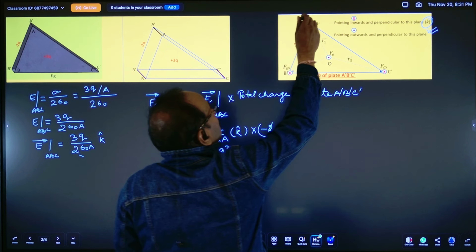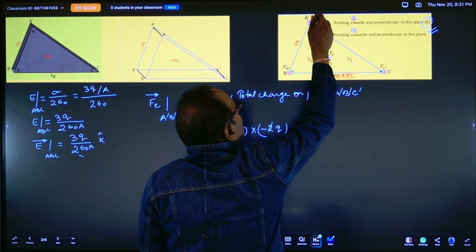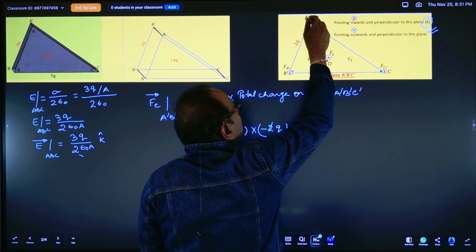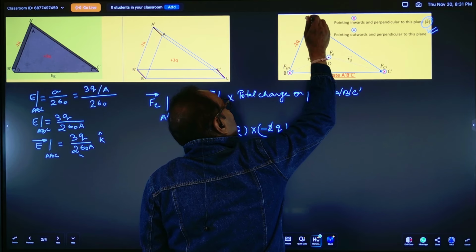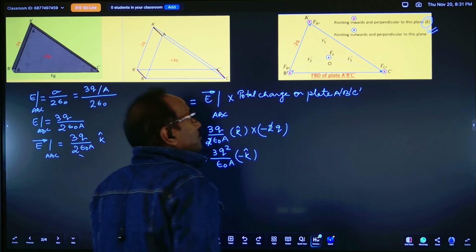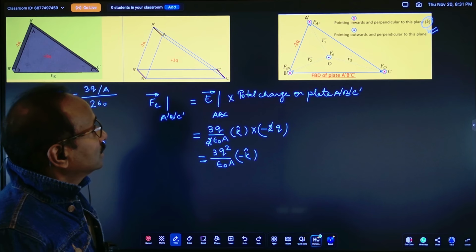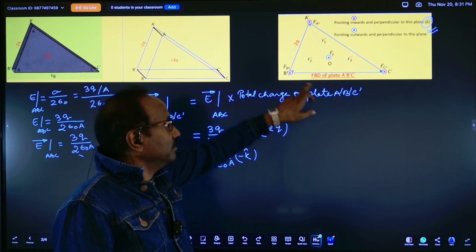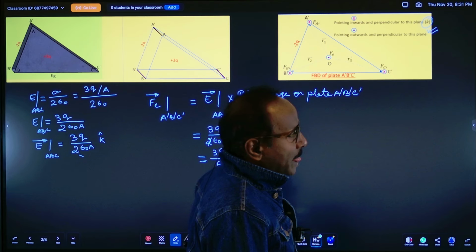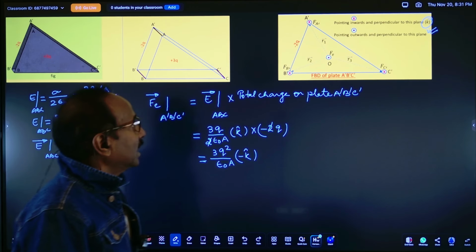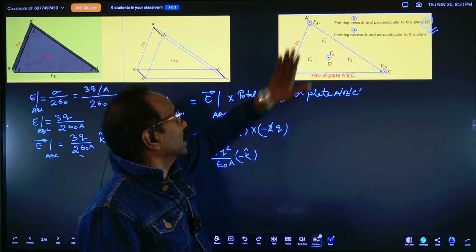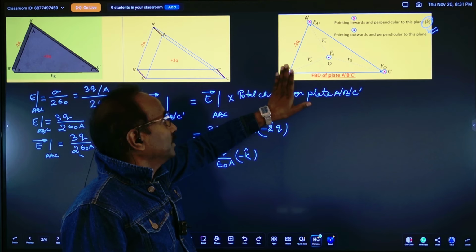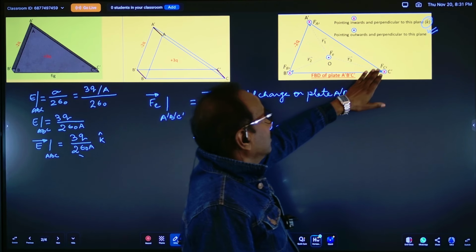So the rod is exerting a force at A prime which has the direction inward. Same way for B prime and for C prime. The forces for identification are Fa prime at A prime, Fb prime at B prime, and Fc prime at C prime.